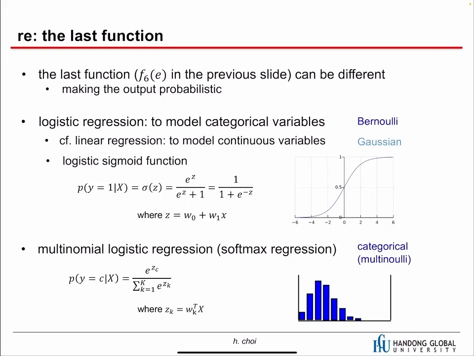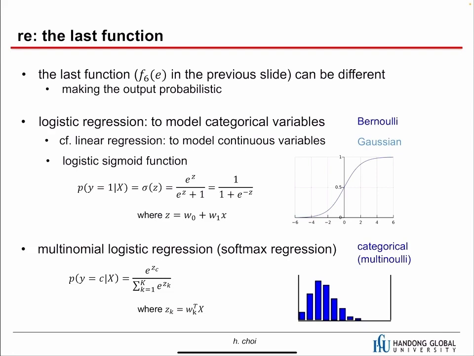The last layer can be slightly different. In the middle of this input and output, the activation functions are simple: the sigmoid or hyperbolic tangent or ReLU and so on. We can choose one of these activation functions, but the last function is special. If we want to make a probability from the output, then we can use softmax or a sigmoid function.